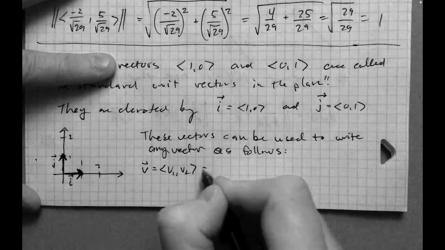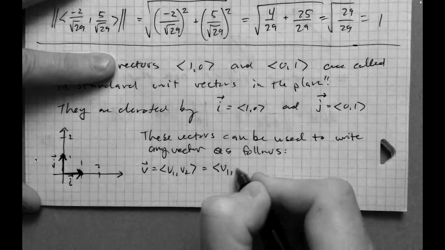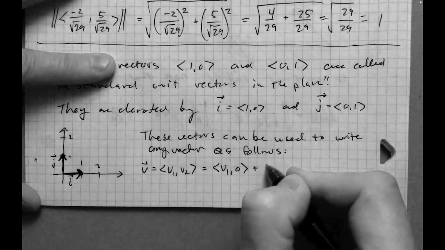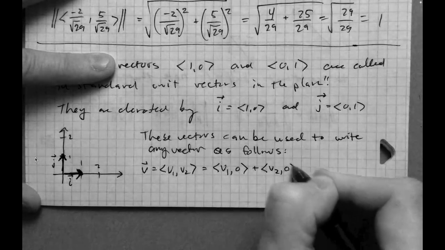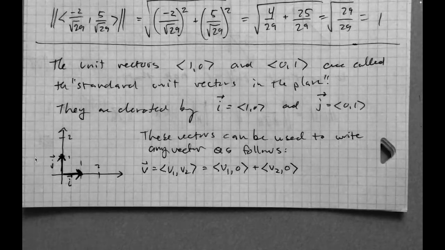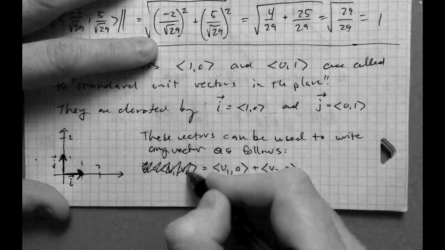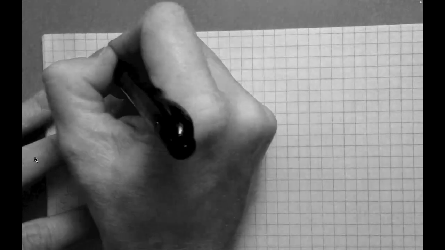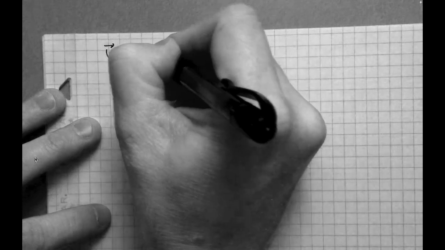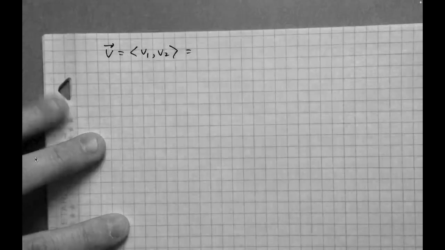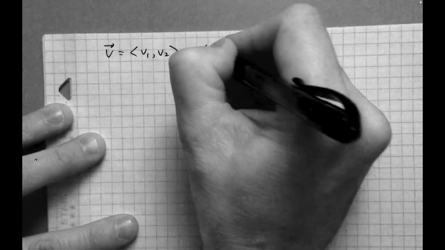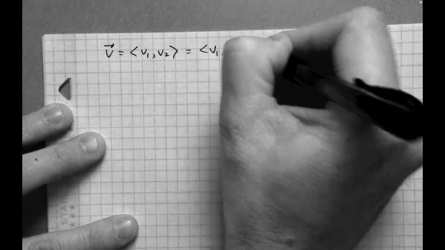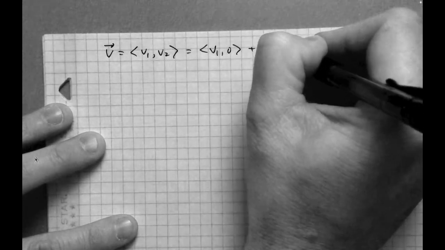I'm running out of space, and I also wrote that wrong. So we start with any vector v equal to v1 comma v2, and that can be written as v1 comma 0 plus 0 comma v2.